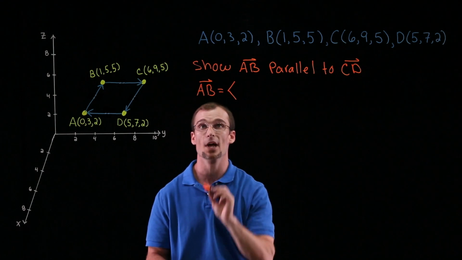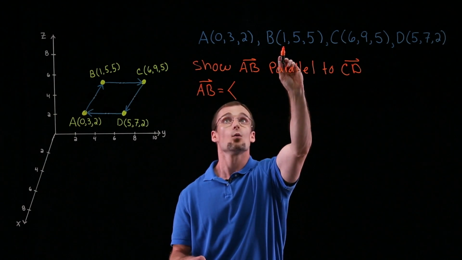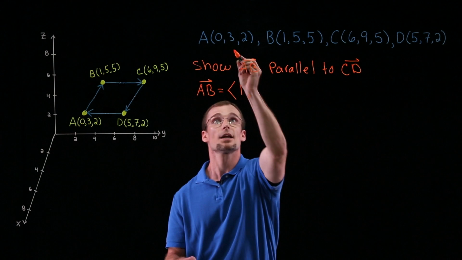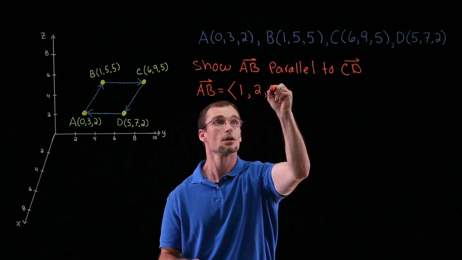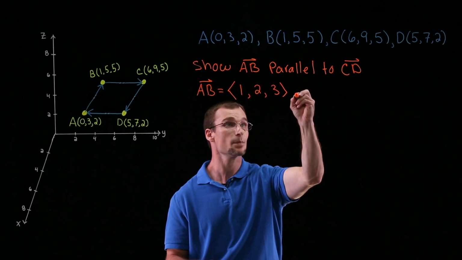So we do component-wise subtraction, the components of B minus A. So for B, we have 1 minus 0, giving us 1, 5 minus 3, giving us 2, and 5 minus 2, giving us 3. So that's our vector AB.